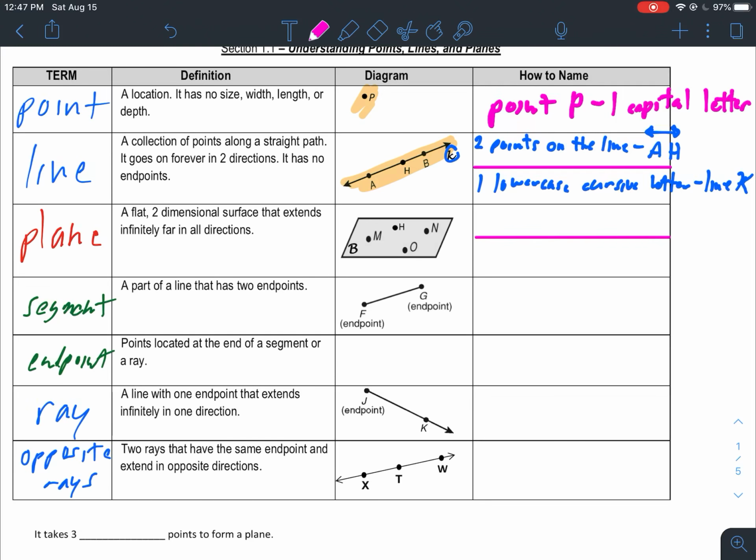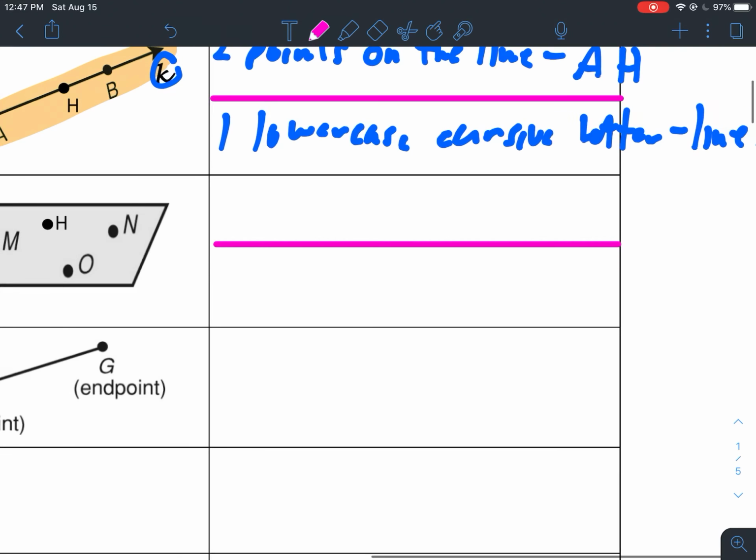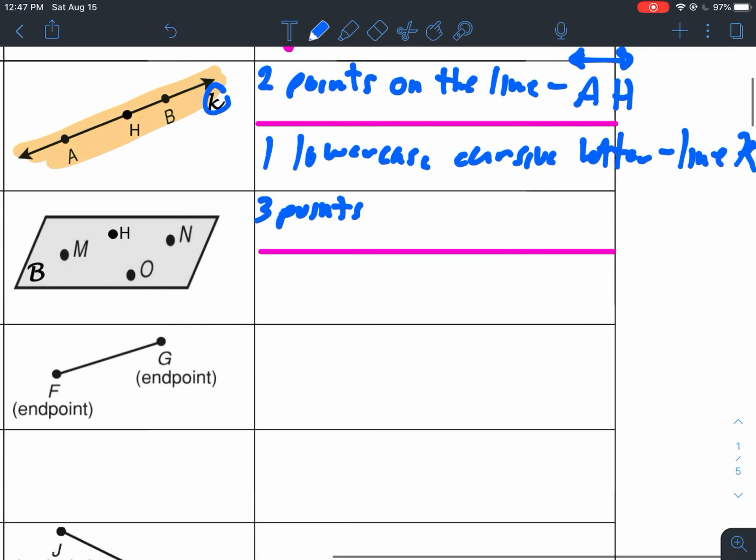So I'm going to draw our line here. One way is with 3 points that are on the plane. So an example here, you see there's 4 points on the plane, M, H, N, and O. Just pick 3 of them in any order. And we draw a little diagonal rectangle here that represents a plane, and then pick any 3 letters. So how about H, N, O?